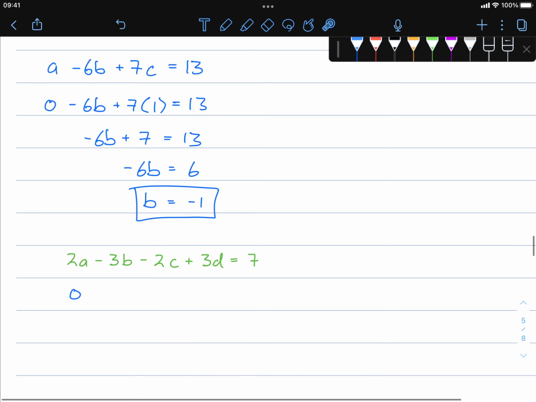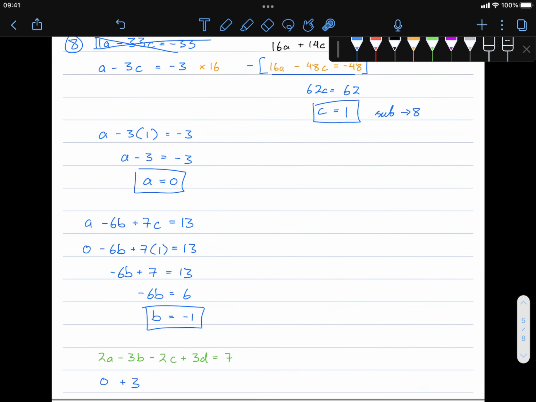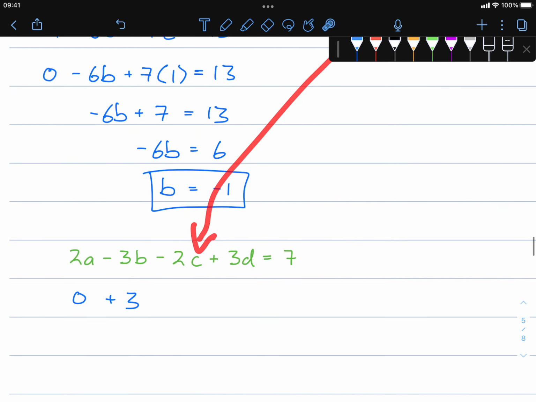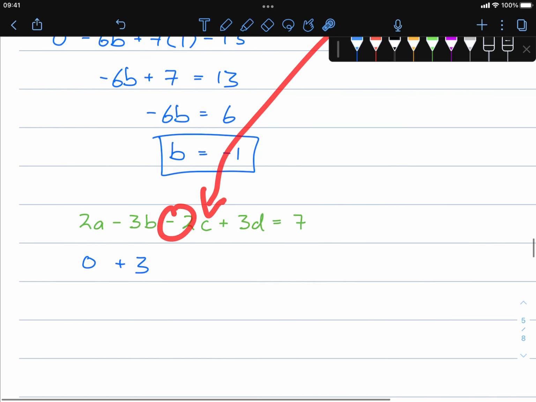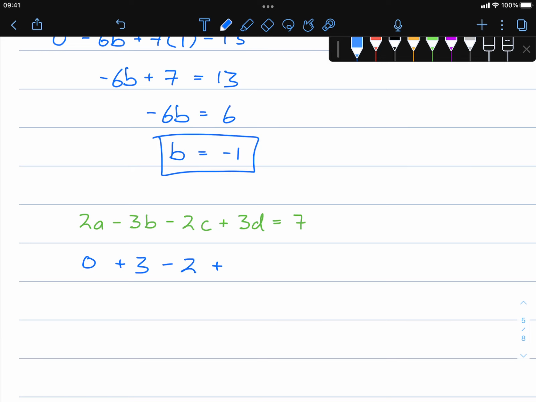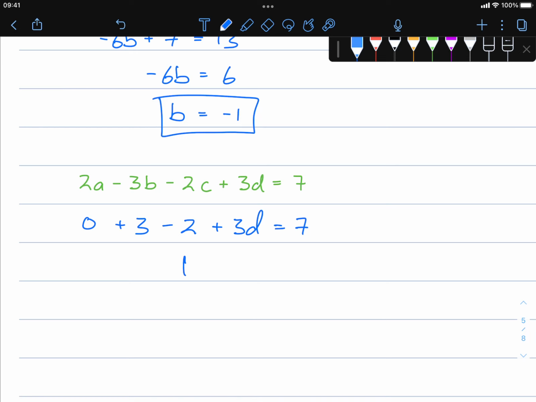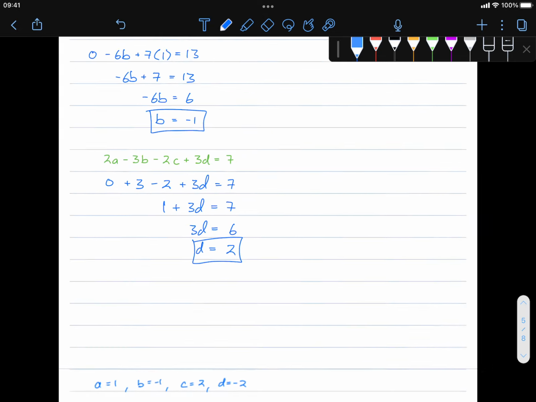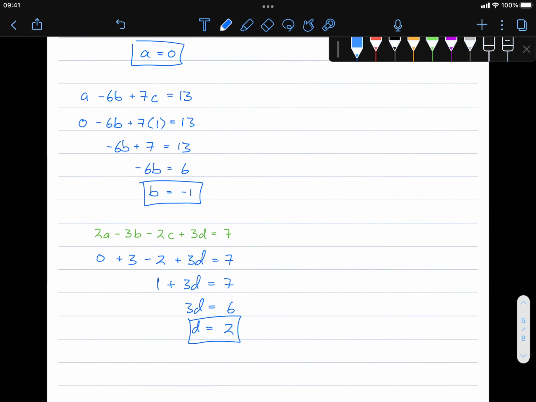So negative 3 times negative 1 is positive 3. Substituting c is 1. Negative 2 times 1 is negative 2, plus 3d is 7. We get 1 plus 3d equals 7. 3d equals 6, d equals 2. And we have all 4 solutions.